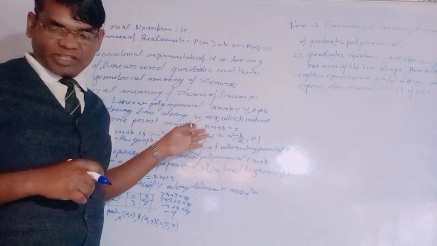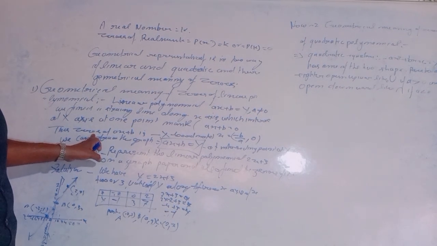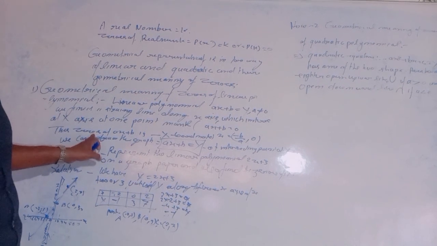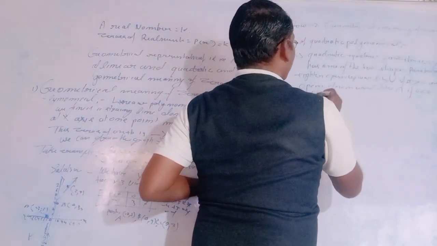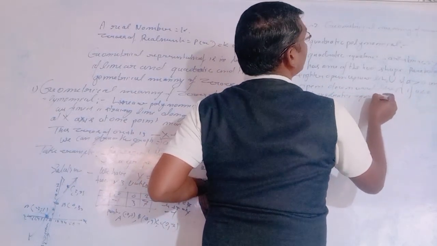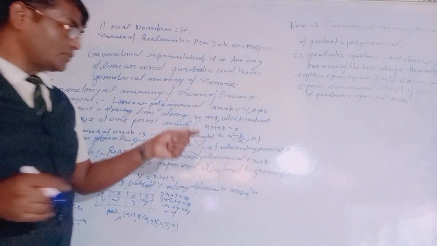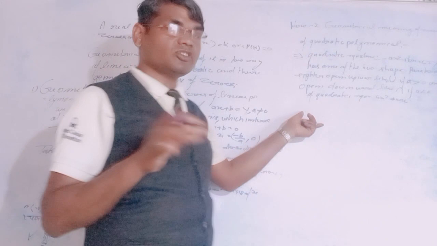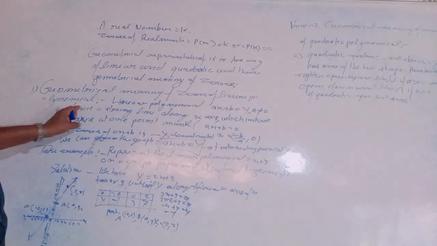So in the quadratic equation ax square plus bx plus c, if a is greater than 0, it will open upwards, and if a is less than 0, it will open downwards. So here we got the parabola.